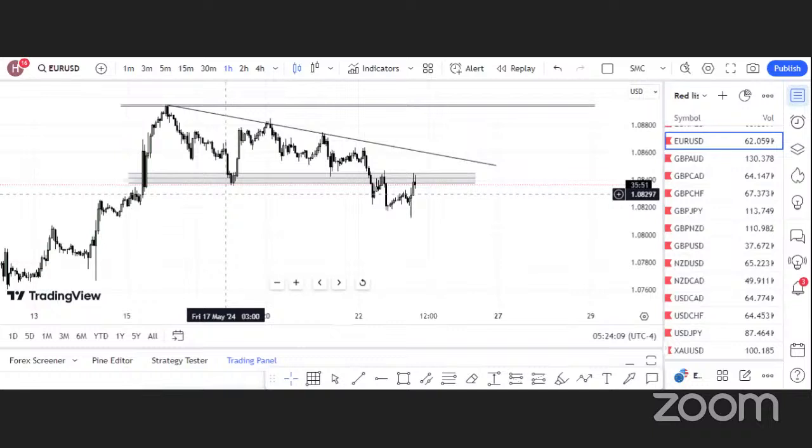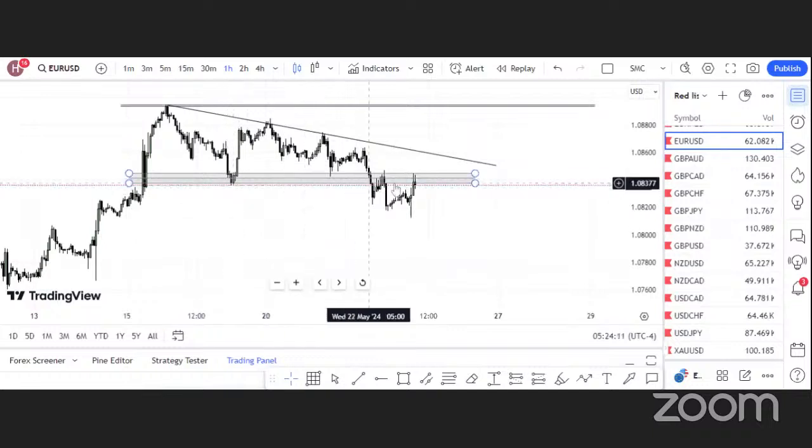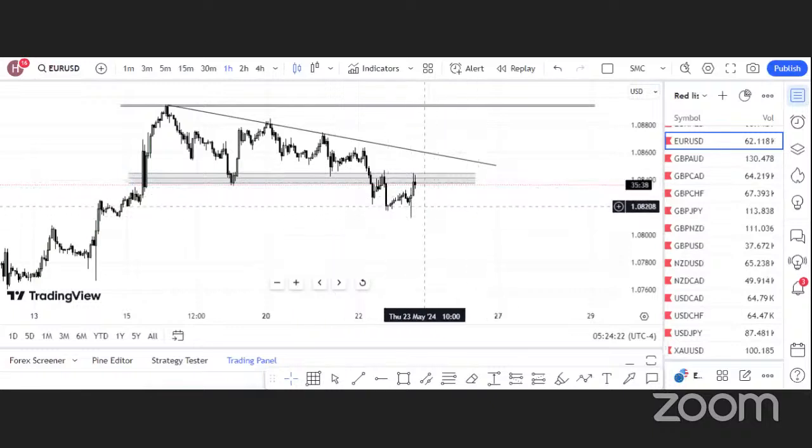But another scenario here is the market broke out of the support level. Okay, so this is where we have the support level, and the market broke below the support level, which means that the support level is now going to turn to a resistance level.